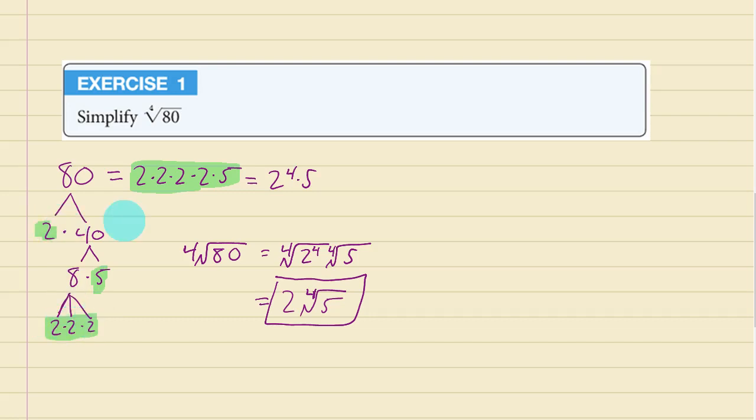So that's how I figured out what the factors of 80 are. And I noticed I could write that as 2 to the 4th power times 5. And that means that 2 to the 4th is a perfect 4th power. So the 4th root of 2 to the 4th is 2. And so that just gives you 2 times the 4th root of 5 when you split it up into 2 separate radicals like that.